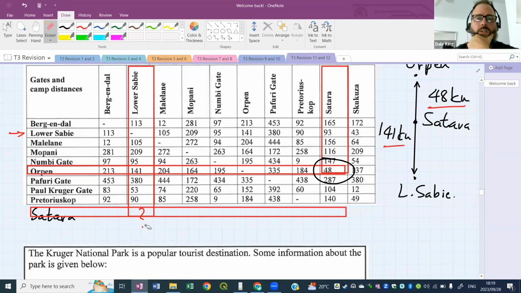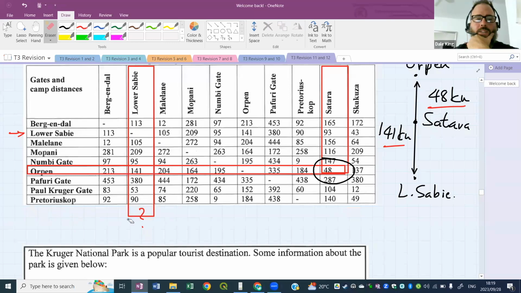The only way we could do it is by looking at the values. So from Orpin to all these other places here along this line, we've got 213, 141, 204. These are pretty big. And then you got Satara, which is 48. So from Orpin to Satara, it's just a very short distance.